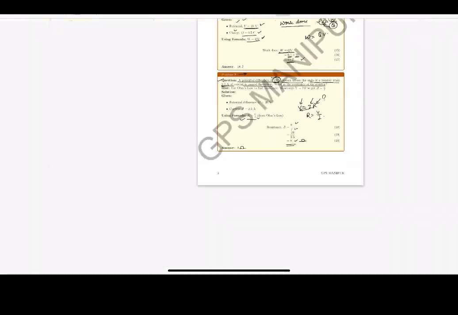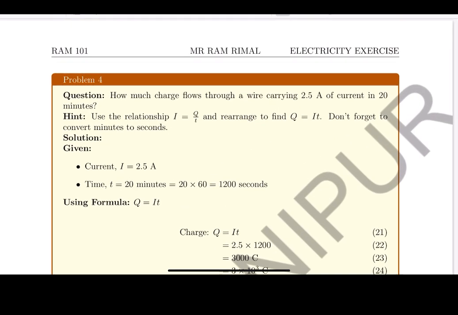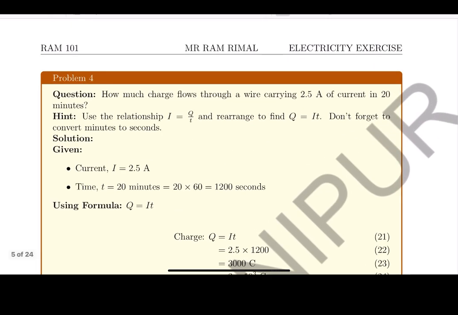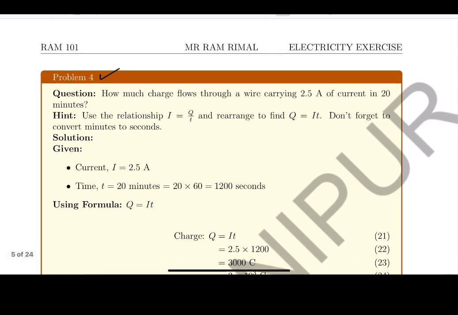Let's go next. Question number 4. The question is, how much charge flows through a wire carrying 2.5 ampere of current in 20 minutes? So current is 2.5 ampere and time is 20 minutes. Keep this in mind.